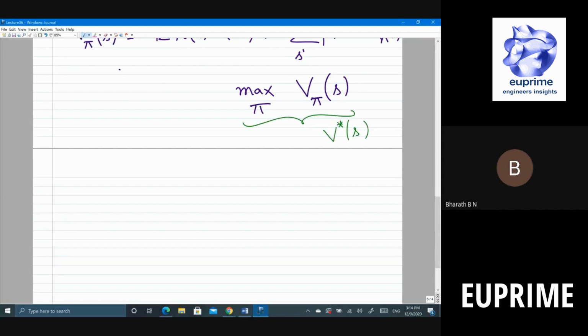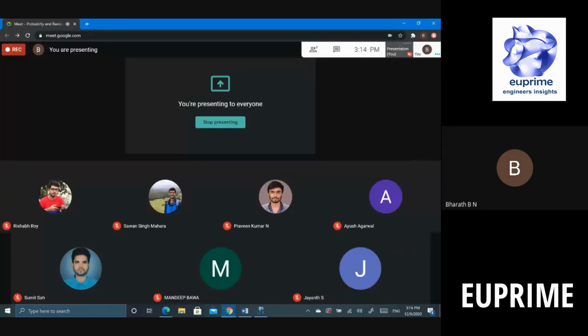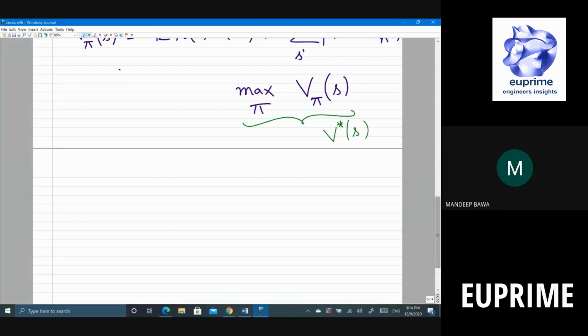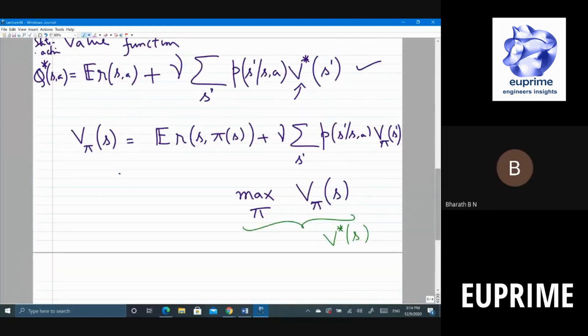Do you agree? Mandeep, do you agree? Yes. Now, what is Q star of S, A? It says you are in state S and you take an action A. As a consequence you will end up in some state with certain probabilities, right?